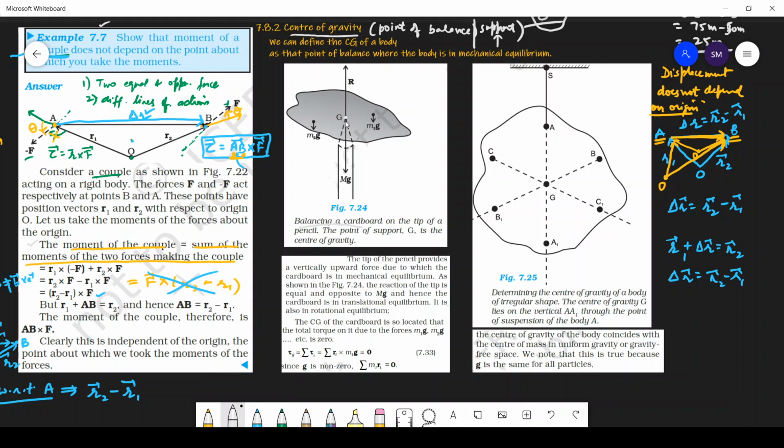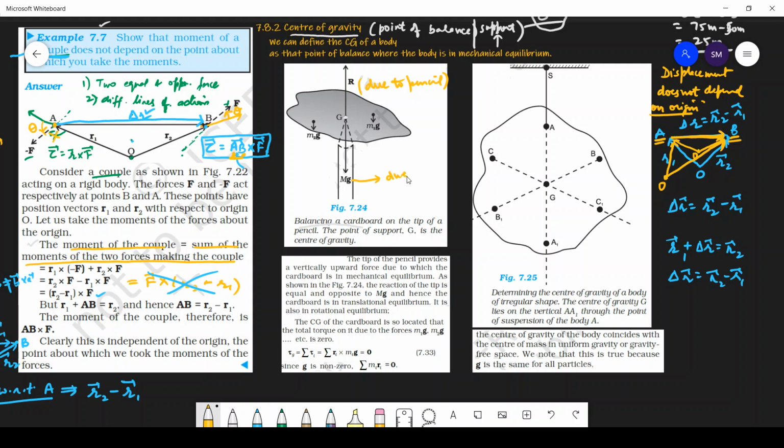So at this point G, if we make a free body diagram of this cardboard, the forces acting on the cardboard: one is due to the pencil, which is the reaction R. This R is due to the pencil, and this is mg, that is due to the gravitational force, due to the earth.